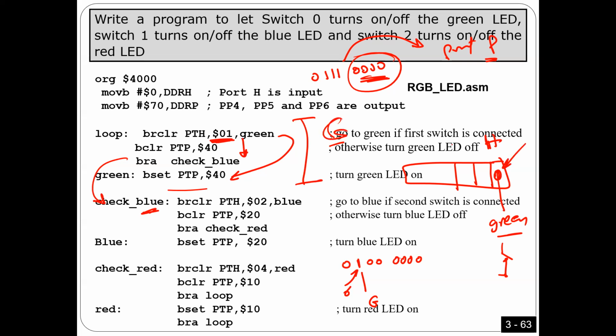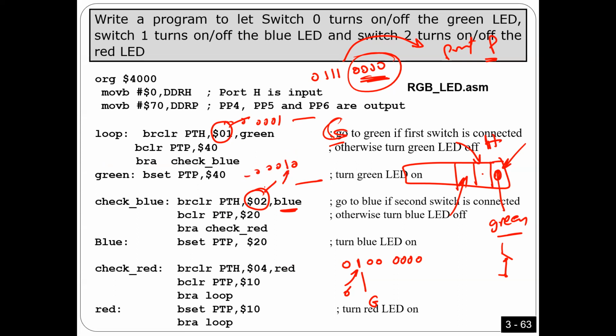I'm going to repeat everything again, but I'm going to check the second switch, and repeat again to check the third switch. Every switch should control one color. So now for blue, I'm just going to repeat the same code. The only change is that instead of 1 I'm going to use 2, because this one should be 0 1 0 0 0 0 0, since I want to check this switch. If the second switch is connected, please go to blue.